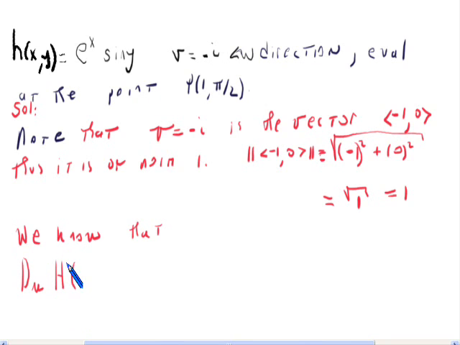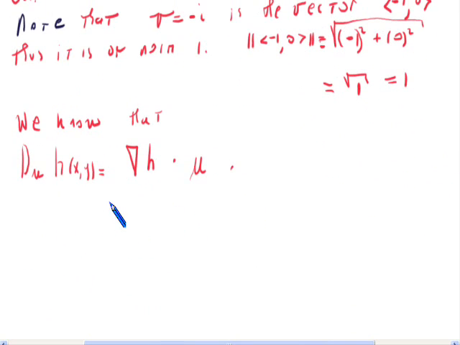For h of x, y, we know that D_u of h of x, y is equal to the gradient of h dot product with the vector u. Because we're working with v equal to negative i, this is going to be the dot product of the gradient of h with this vector.